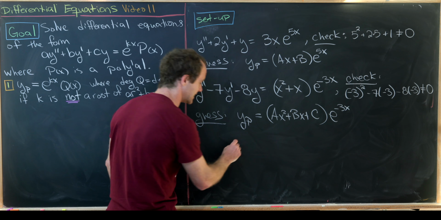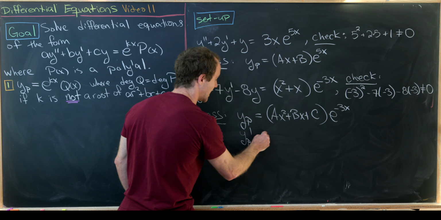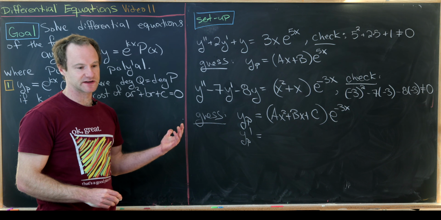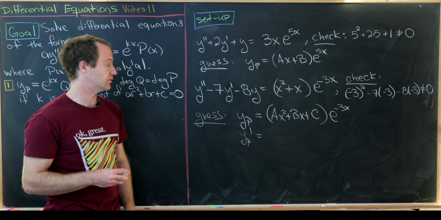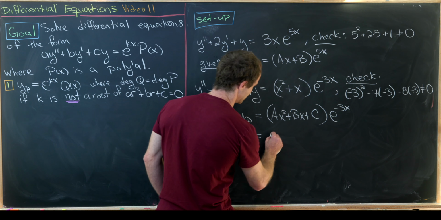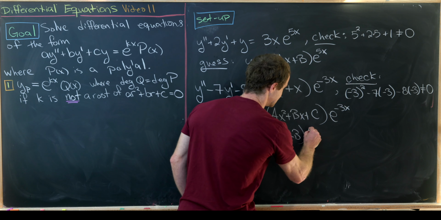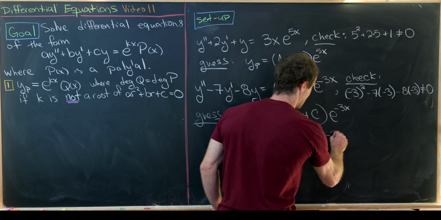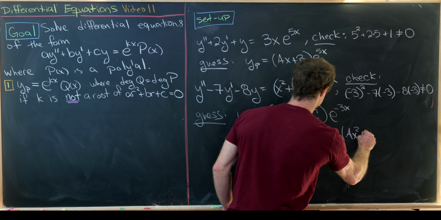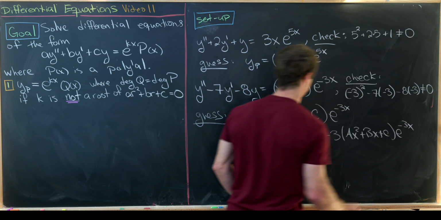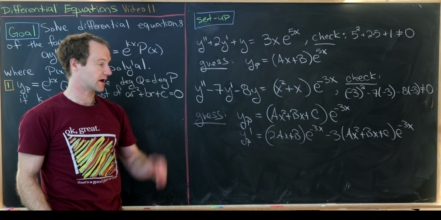And then you would want to take the derivative of this, so yp prime. This is going to be quite lengthy, but really it's just a matter of good bookkeeping. So yp prime would be something like 2ax plus b times e to the minus 3x, and then minus 3 times ax squared plus bx plus c times e to the minus 3x, where I used the product rule there.